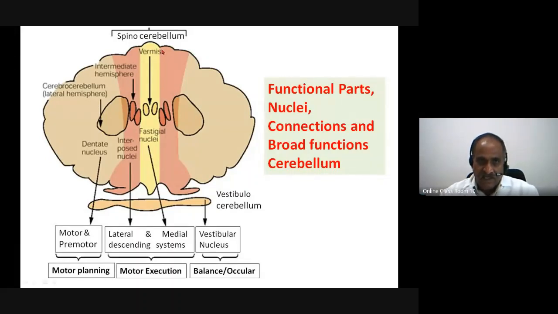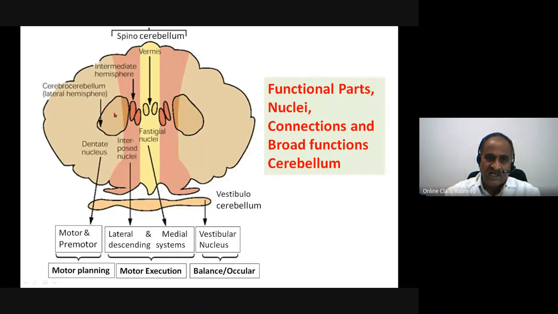This is the cerebellum here, and this cerebellum has a lateral part, the intermediate part, the central part, and the flocculonodular lobe. The lateral part is connected to the cerebrum. This is known as the cerebrocerebellum, and it has a dentate nucleus.